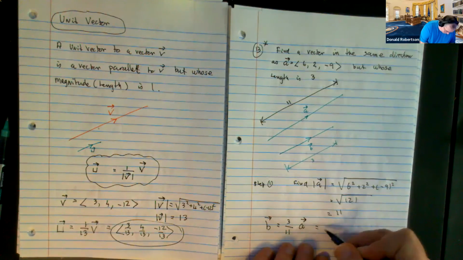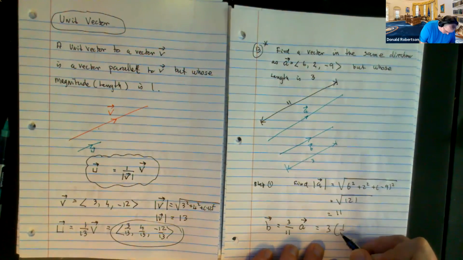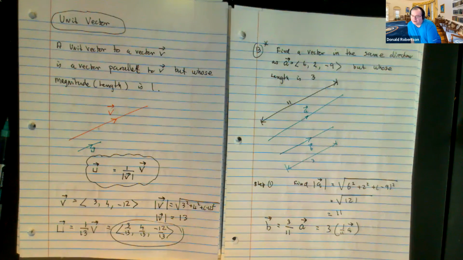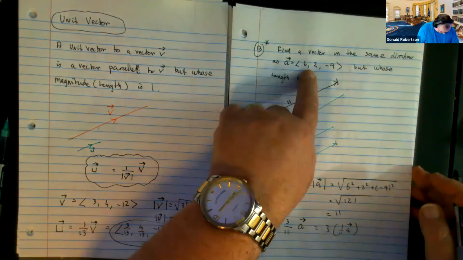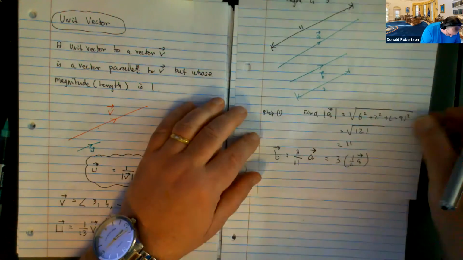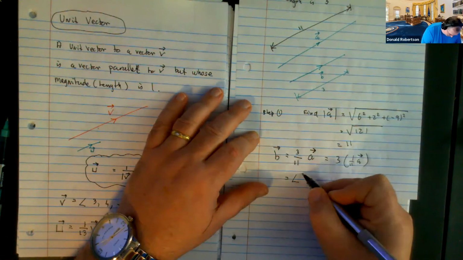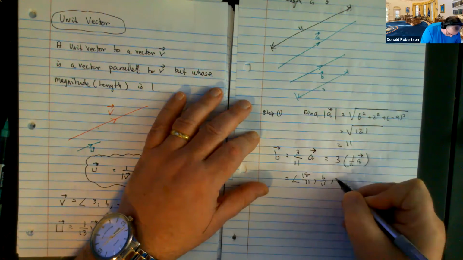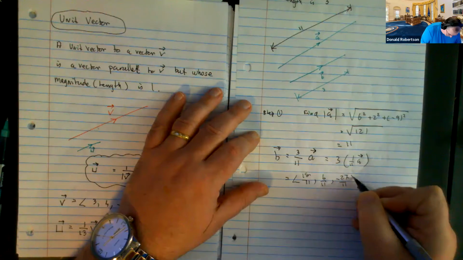So I wouldn't write it this way, but couldn't you call it that guy? Does that help you see the 3 unit thing? So all these guys are going to get multiplied by 3 11ths. So that's going to be 18 11ths, 6 11ths, and negative 27 11ths.